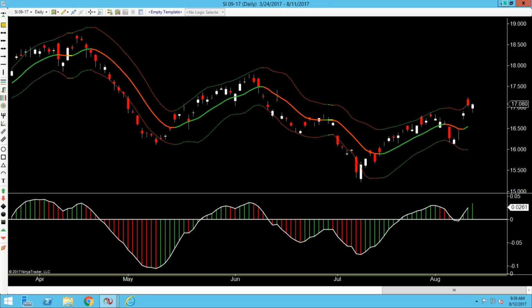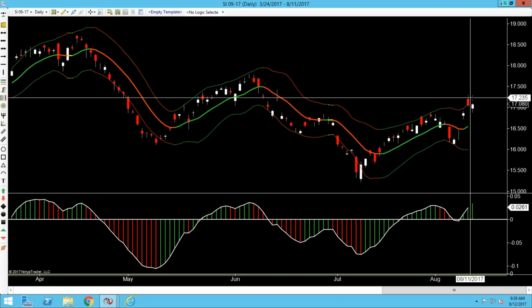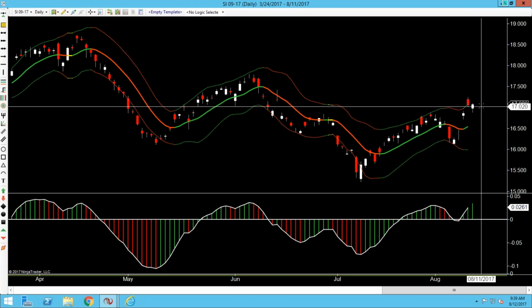Again, we should be seeing some higher closes on Friday, you would think. And it actually got up and down and now up. So this is interesting.